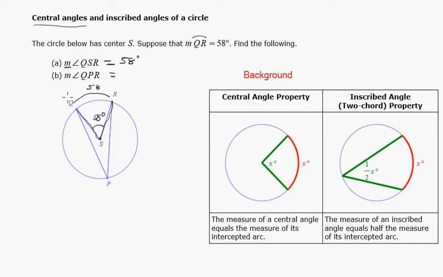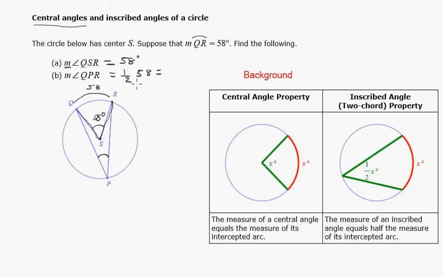Now, angle QPR is an inscribed angle. So that means that this angle here is half the arc. So if the arc is 58, then the measure of angle QPR is half of 58.